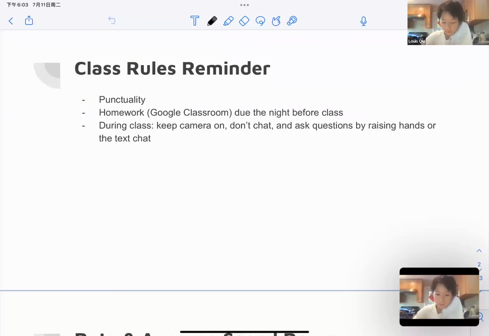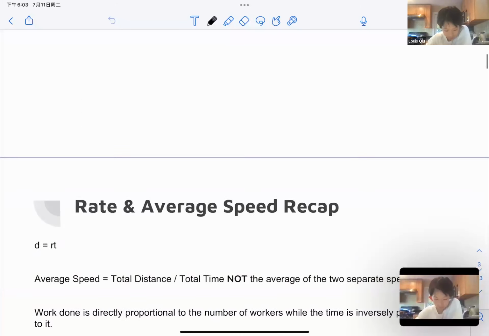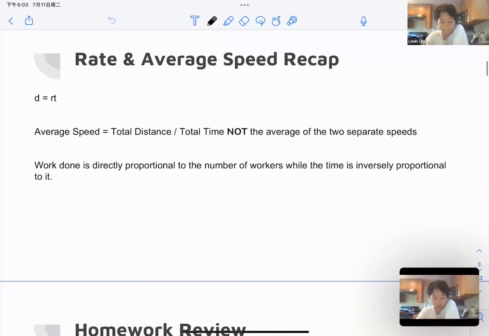So I guess I'll start now. The rate and average speed recap. Distance equals velocity times time, or speed times time. Average speed is total distance over total time, and not the average of those two separate speeds. Work is done directly proportional to the number of workers, while the time is inversely proportional to it.